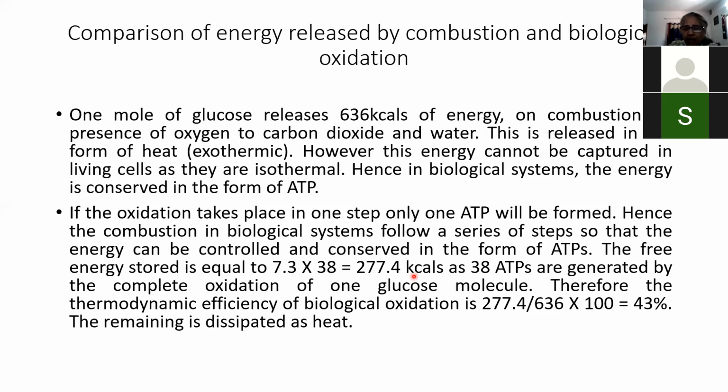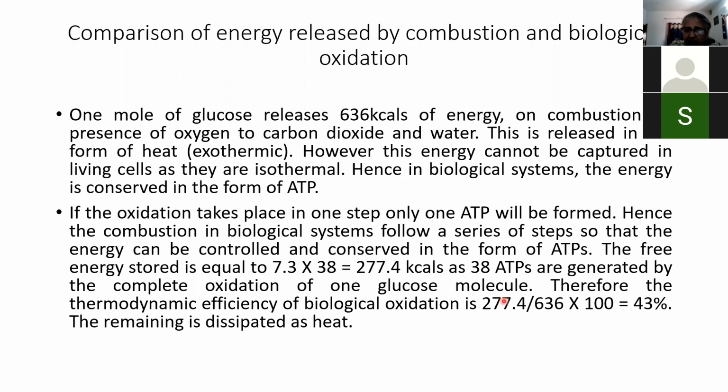We get 277.4 kilocalories because 38 ATPs are generated by one molecule of glucose. So what will the thermodynamic efficiency be for biological oxidation? If we did the chemical reaction in the lab, we would have got 636 kilocalories, whereas we are getting only 277.4 kilocalories.